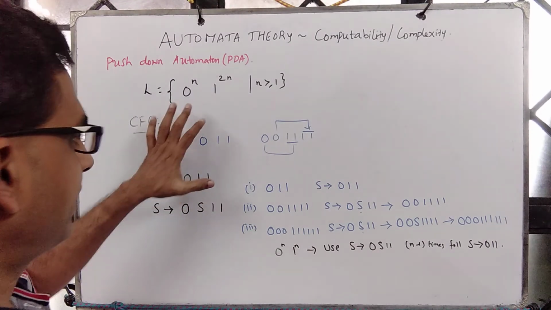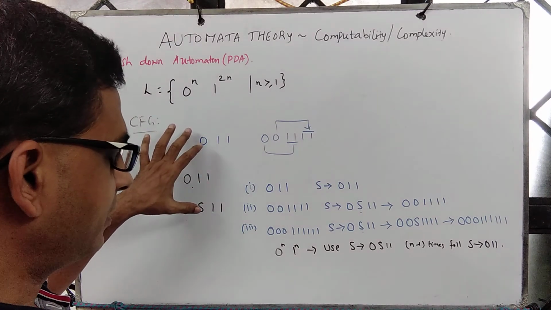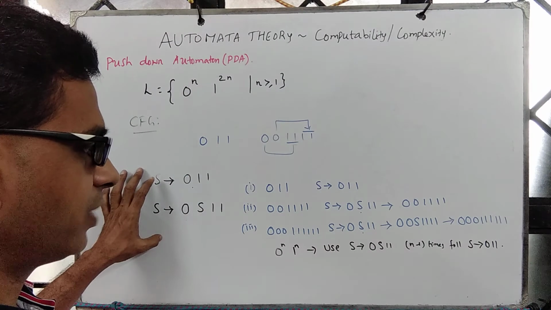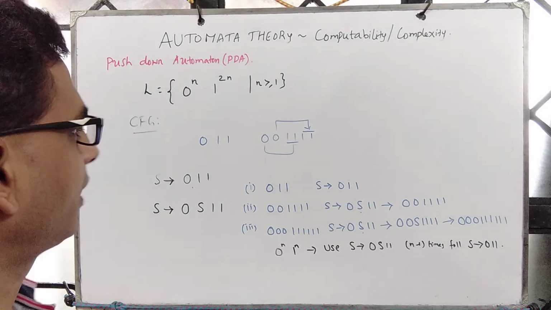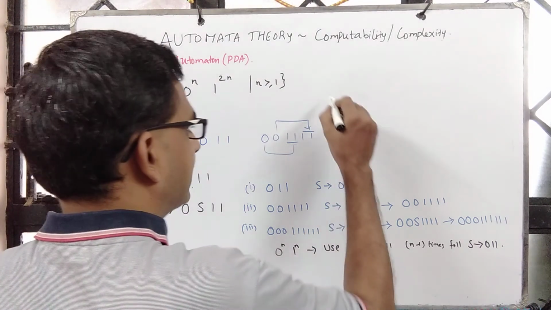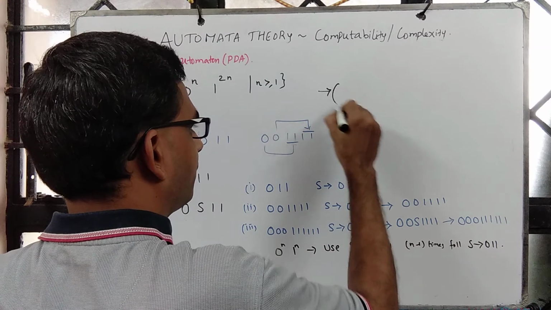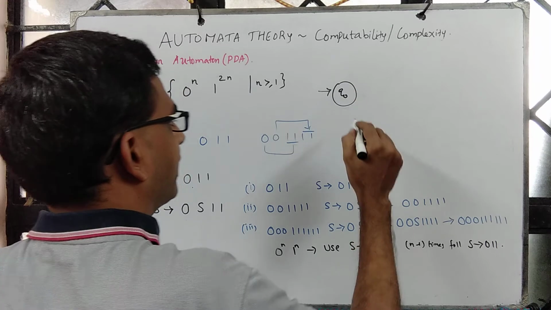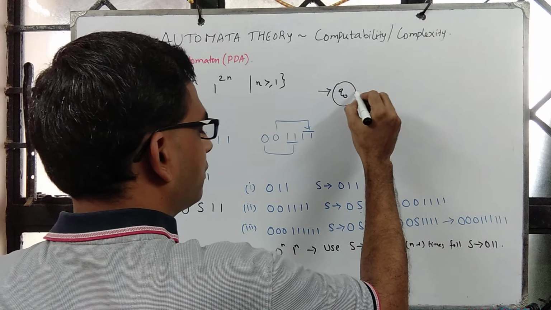And so for this language, we have seen the transition function and a context-free grammar. The transition diagram is similar to what we did. So we start from Q0 and we read a 0.